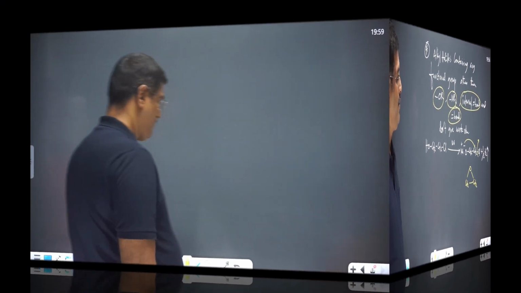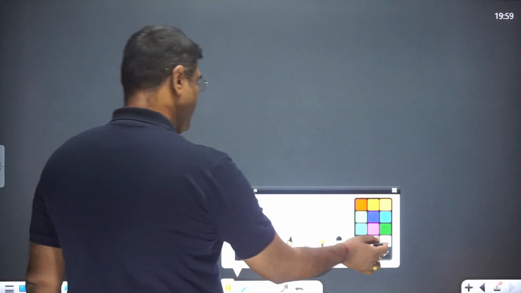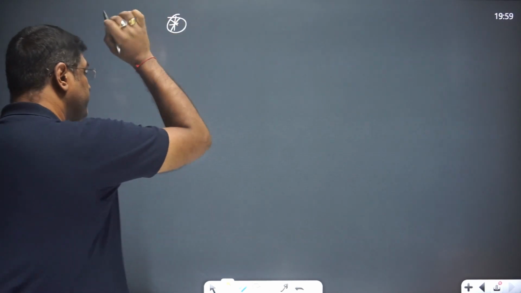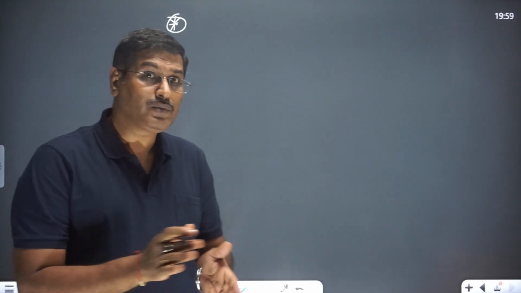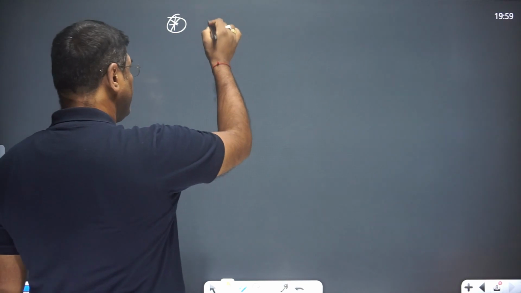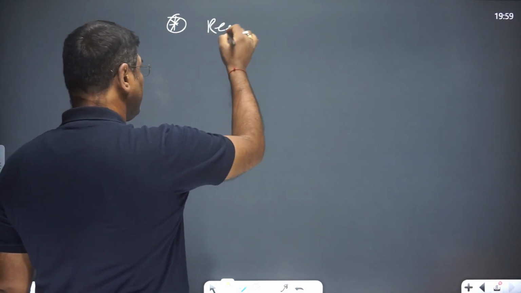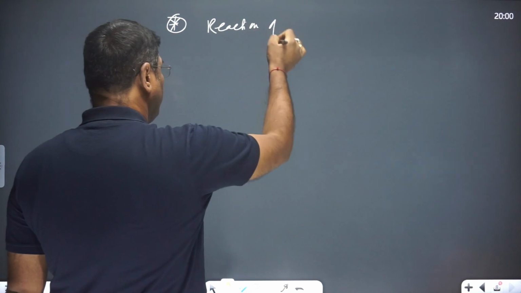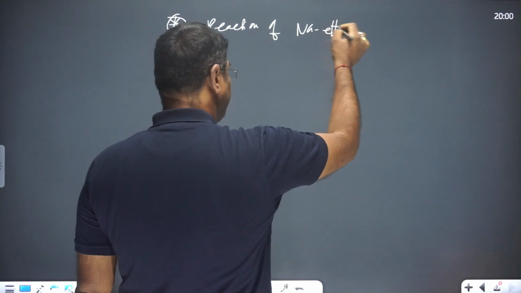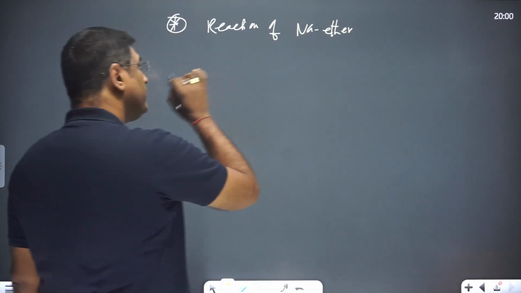The next one, reaction of Na in ether with dihalides: geminal dihalides, vicinal dihalides.